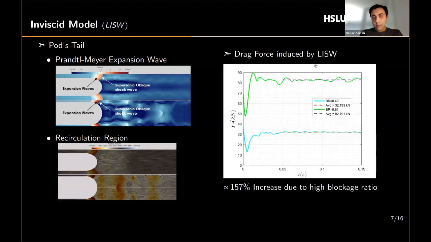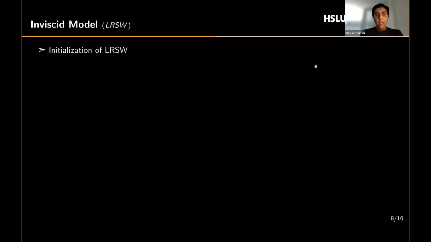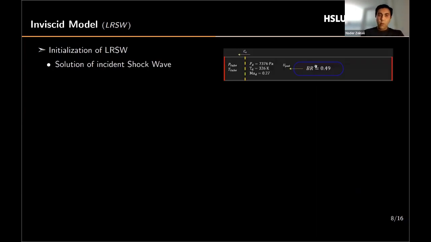You can see the effect of blockage ratio on the drag force: a higher blockage ratio results in higher drag force, which is around 157% higher than the lower blockage ratio.